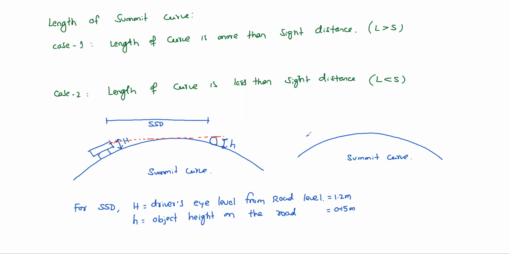On a summit curve, suppose a vehicle is here, and another vehicle is here. So both persons must be able to see each other.